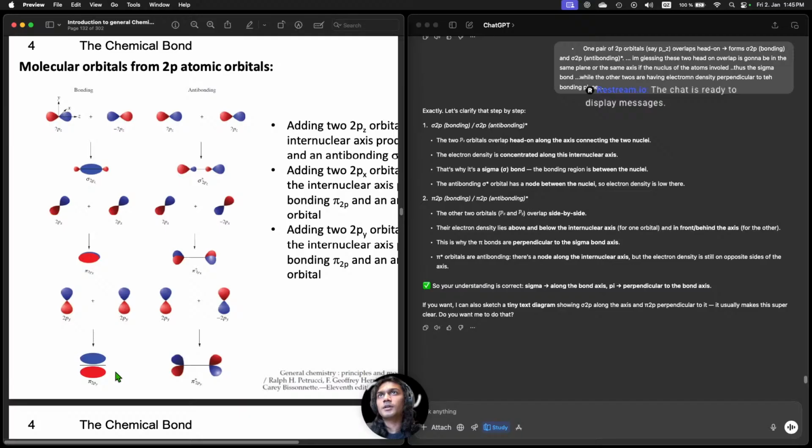Again a pi bond, while 2pz is anti-bonding. They repel each other.